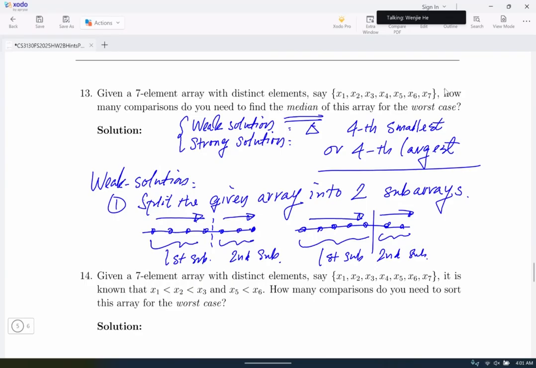Then find the fourth smallest or fourth largest. Can you apply the partial merge operation? Then you can apply the partial merge.